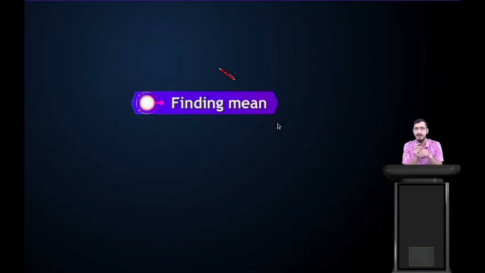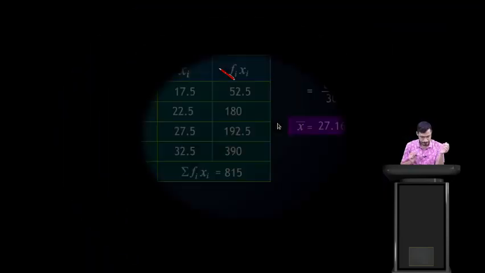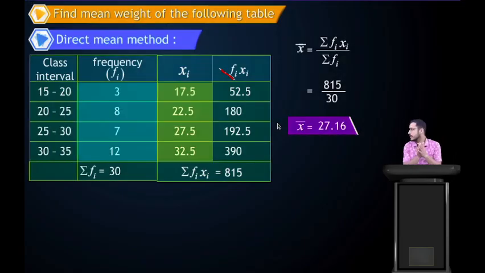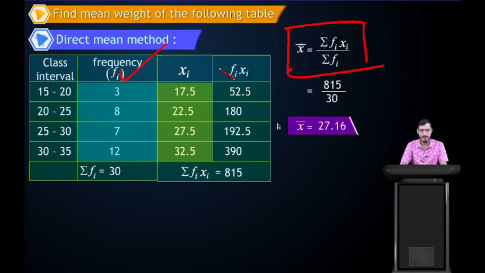So let's start today's class and learn something new. Finding mean: find the mean weight of the following table. We use the direct mean method here, and the formula of the direct mean method is sigma fi xi divided by sigma fi, where fi is the frequency, the sum of total frequency, and xi is the mid value of the class interval.